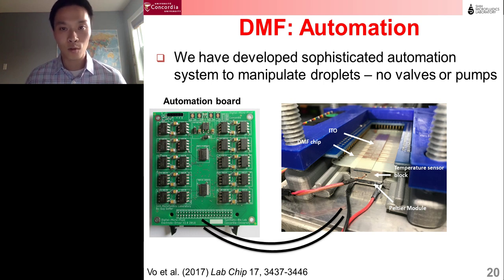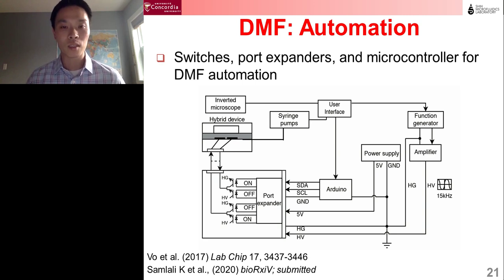Since this is an automation conference, I'll show you in more detail what this automation system consists of. You have a user interface that controls a microcontroller, which controls all the switches I showed you before. You can also control all the voltages and frequencies needed to manipulate the droplets.